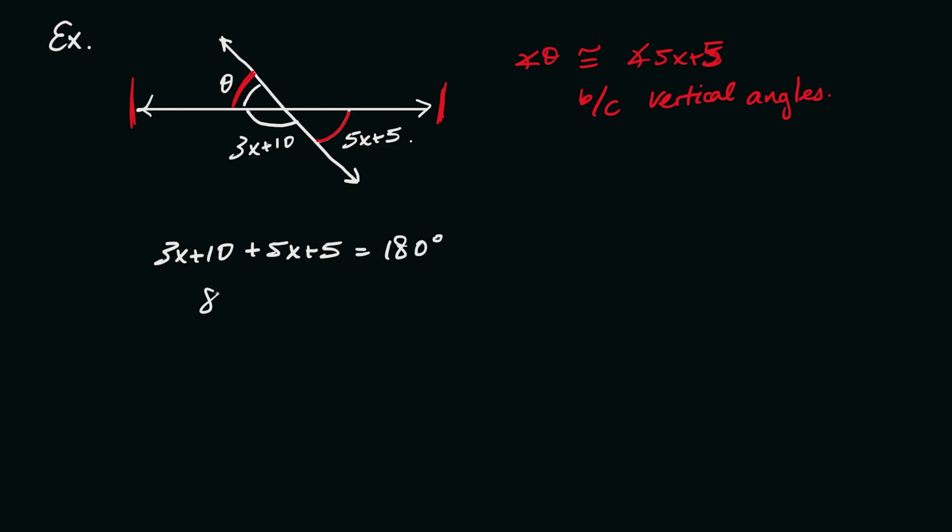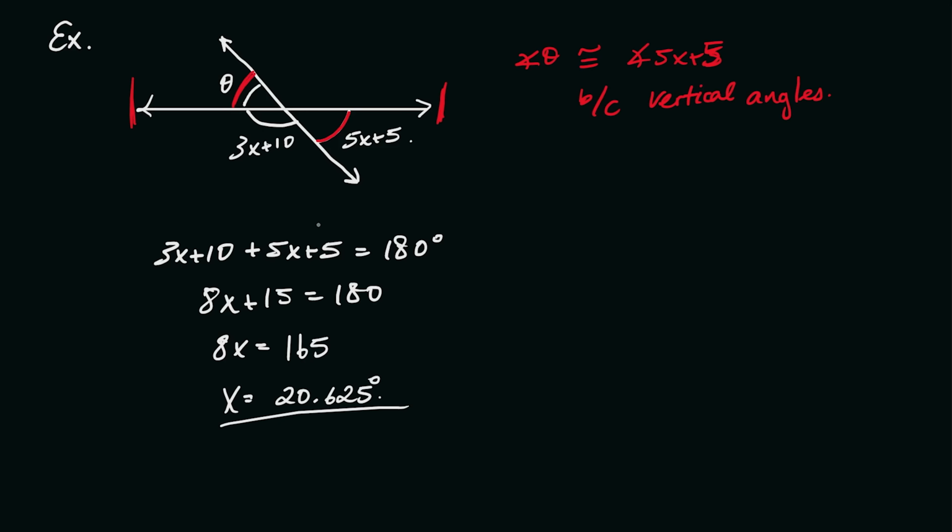So now we add the like terms here, 8x plus 15 equals 180, right? So 8x equals 165, and divide that by 8, which gives us x equals 20.625, right?